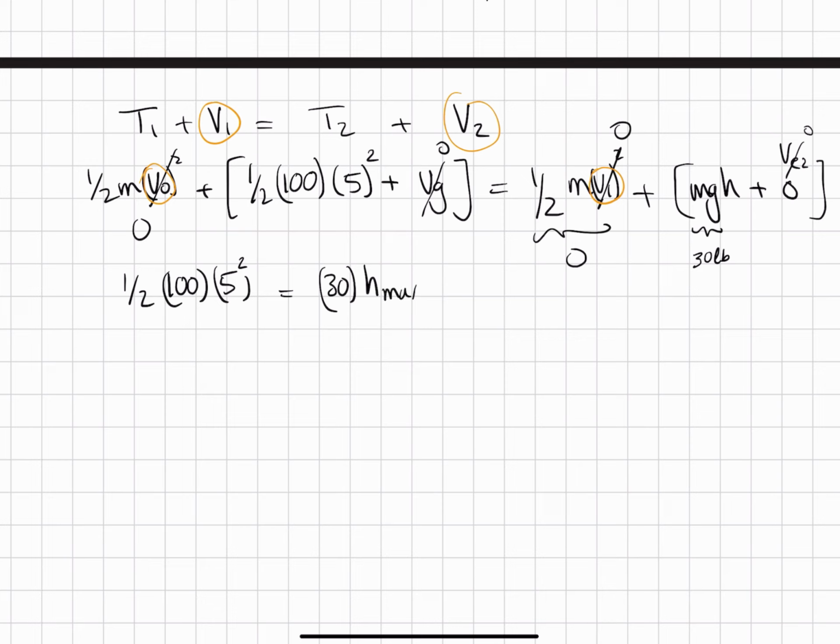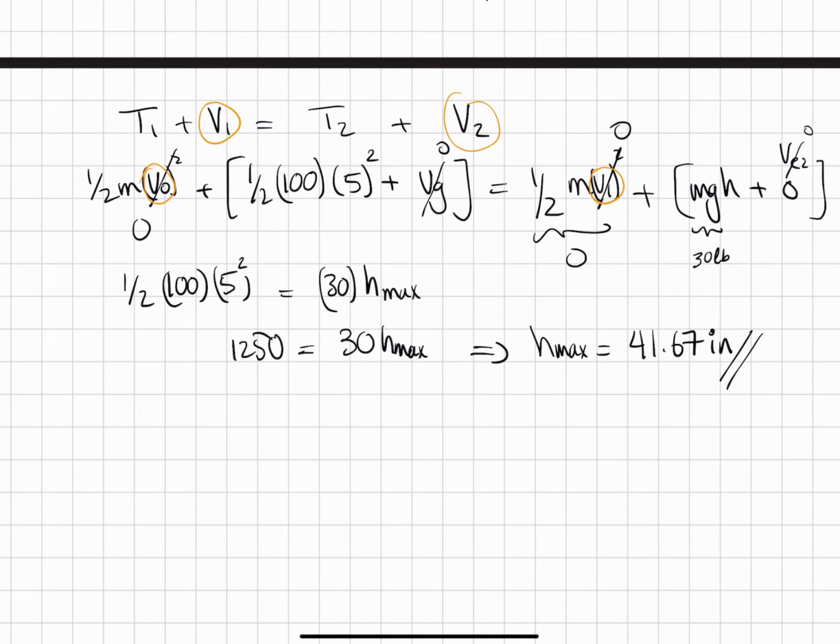And this is h max, the maximum height of flight. So 1250 is equal to 30 h max. And if we do the math correctly, h max should equal 41.67 inches.